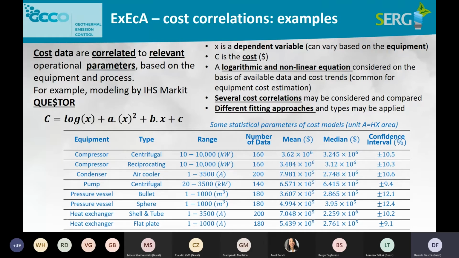Several cost correlation forms may be evaluated to find the best compatibility with the available data. An example of some statistical parameters of cost for some relevant geothermal power plant components is shown in the table below.